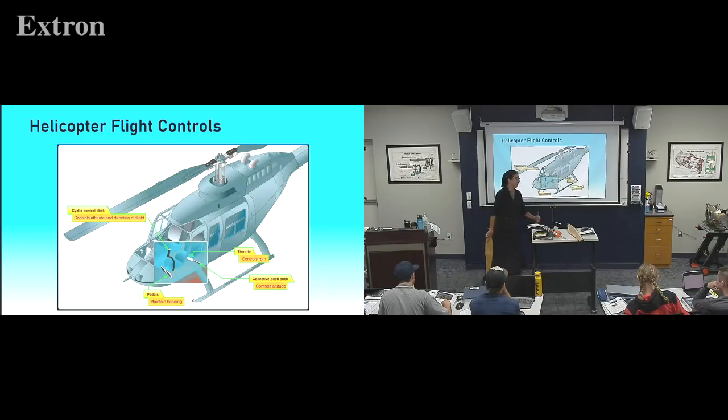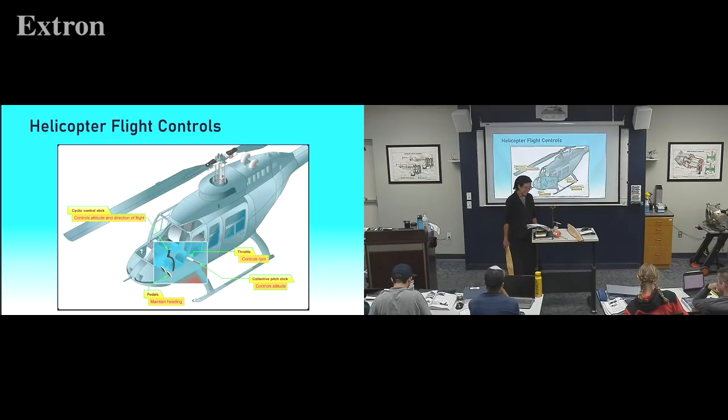The cyclic, which is in the center, you can think of as the yoke in the airplane, but it is your directional control. So right, you're gonna go right, left to the left, forward, back, in crazy circles.